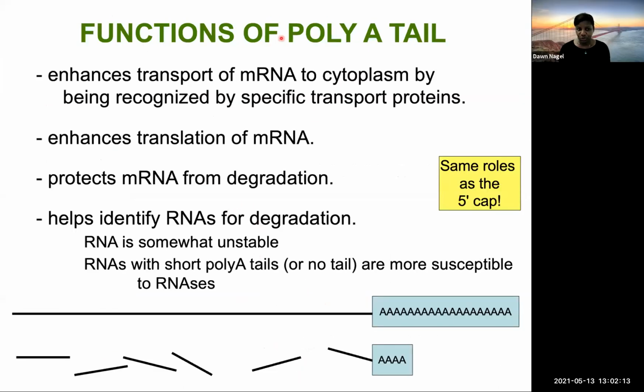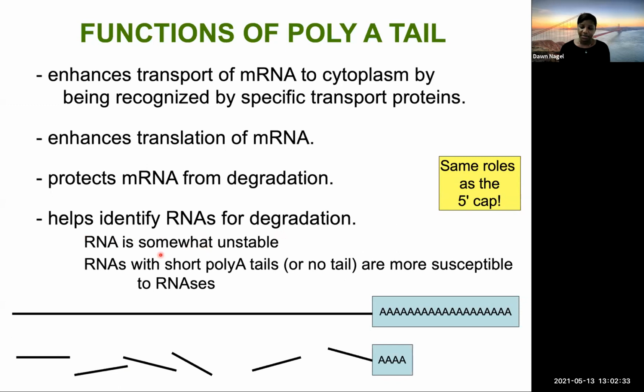So similar to the 5' cap, the function is very similar for the poly A tail, right? It enhances transport of the mRNA to the cytoplasm, enhances translation, and protects the mRNA from being degraded from that 3' end. It also helps to identify RNAs for degradation.